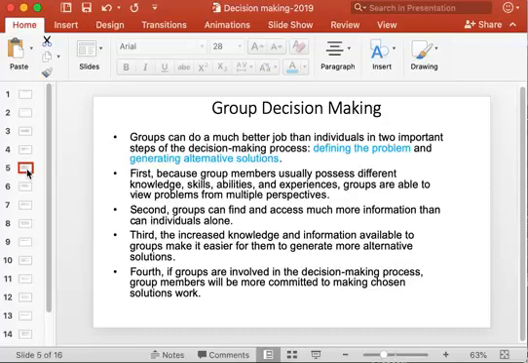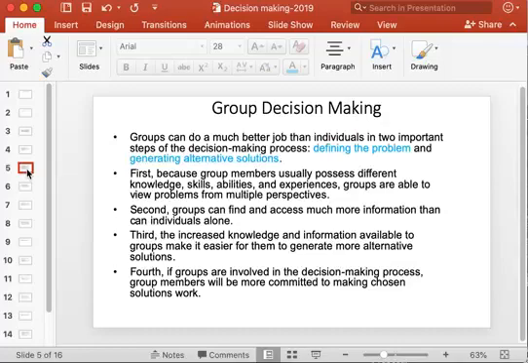Second reason is that groups can find and access much more information than can individuals alone. Third reason is that the increased knowledge and information available to groups make it easier for them to generate more alternative solutions.